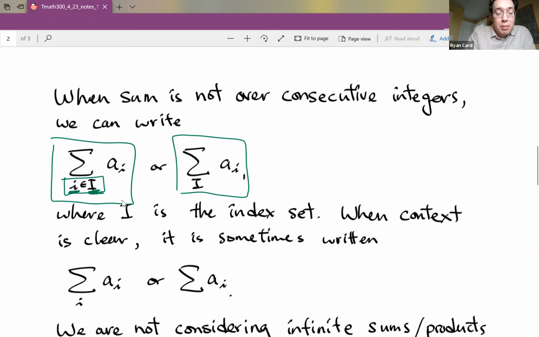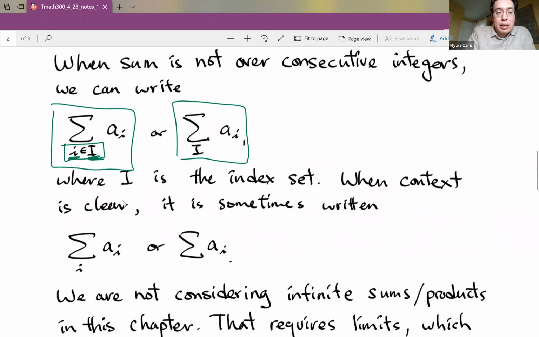That's a very common notation as well. So I in this case is called the index set, but you can name the index set whatever you want.